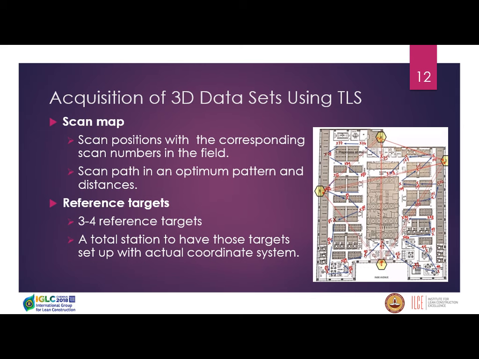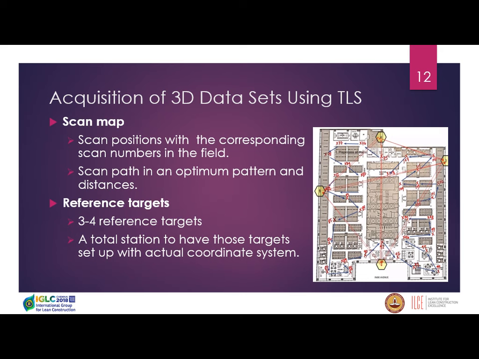Then it's about reference targets. Again, it's very important to perform the whole process in a way that you get the highest level of accuracy. So we need to make sure the data is properly scaled and leveled. To do that, we propose that we need to have 3 or 4 reference targets.